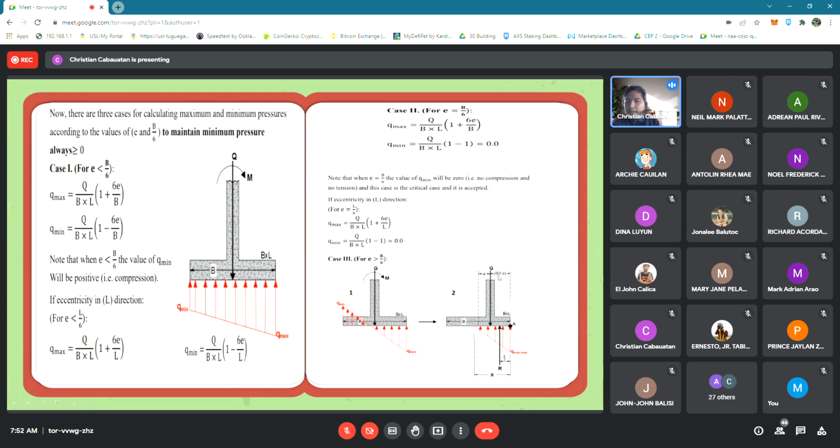It would be B over 2 minus the eccentricity. Okay? Simple mechanics, mech 1. Okay? So, the distribution for that, no, it would be changed to triangular. Okay? We will consider na lang at a certain distance, no, magzi-zero na yung ating distribution.